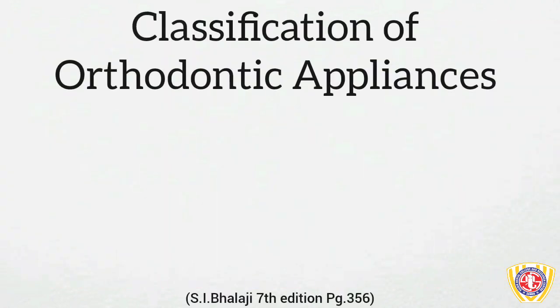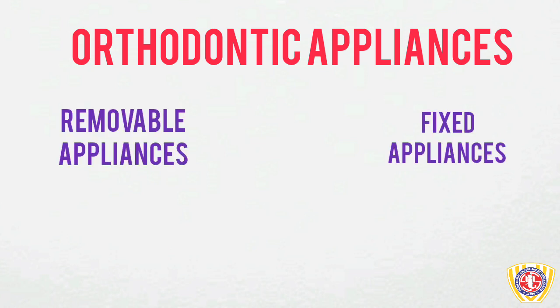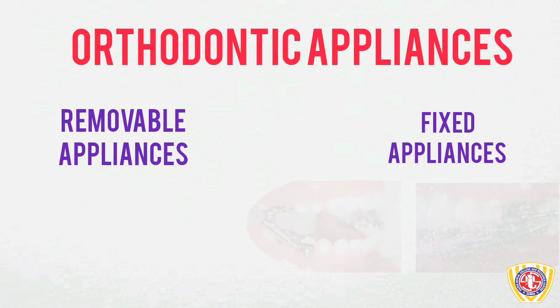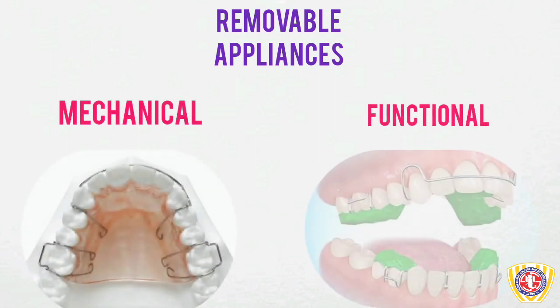The classification of orthodontic appliances. Orthodontic appliances can be removable or fixed, wherein removable can be removed and placed by us or the patient according to the orthodontist's instruction, while the fixed ones are fixed by the orthodontist and can only be removed by him or her. Next we move on to removable appliances, which can be classified into mechanical and functional.